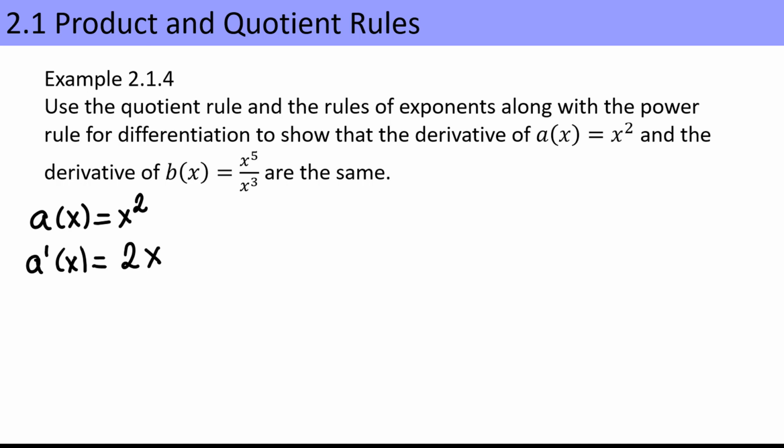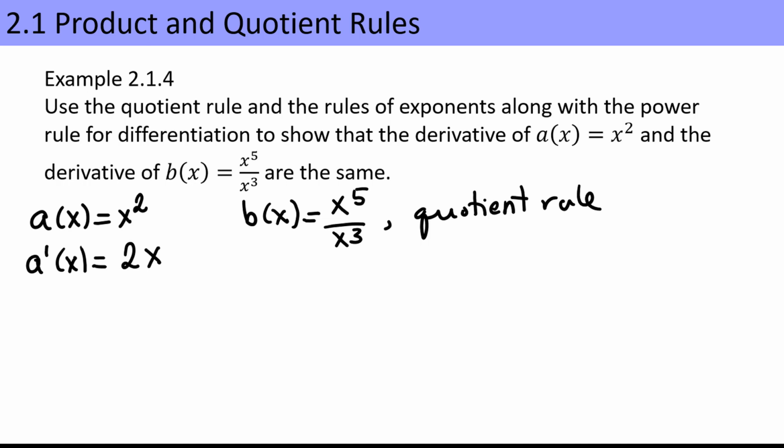Now let's look at b of x. To do b of x, okay, we have the x to the fifth over x cubed, but we want to use the quotient rule. And the quotient rule for y equals, let's see, we had high above and low in the bottom.